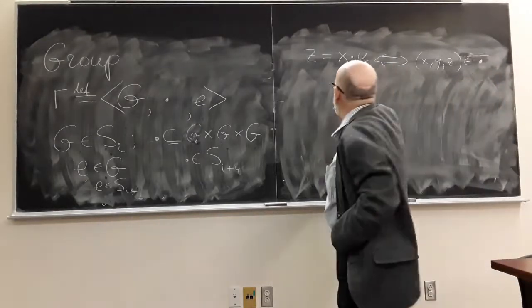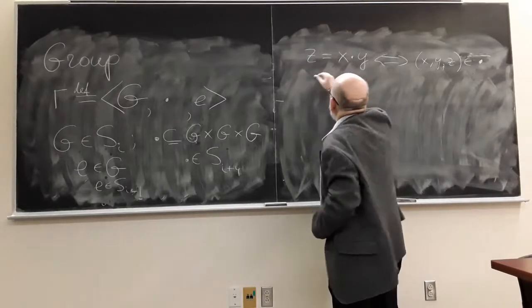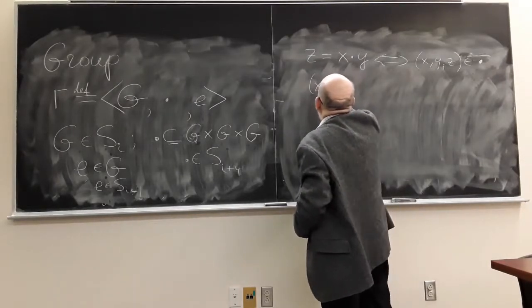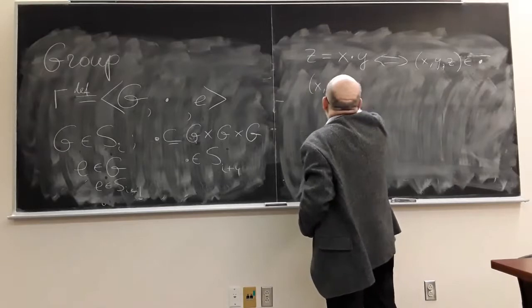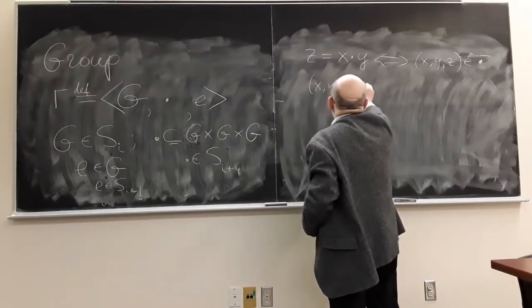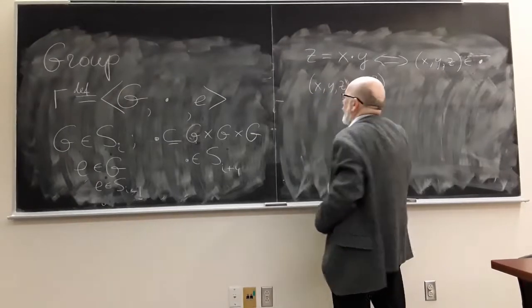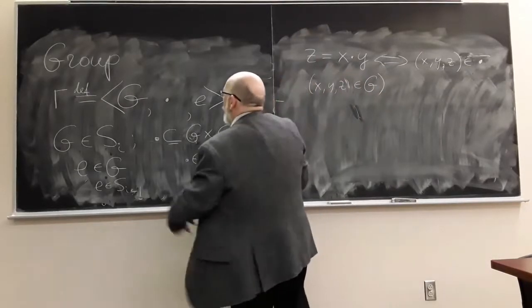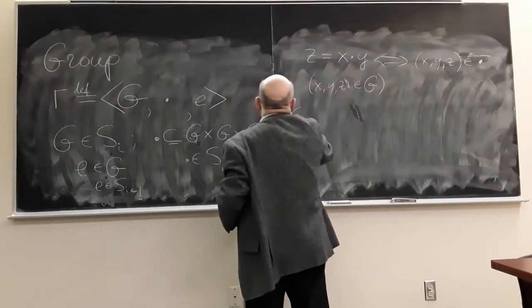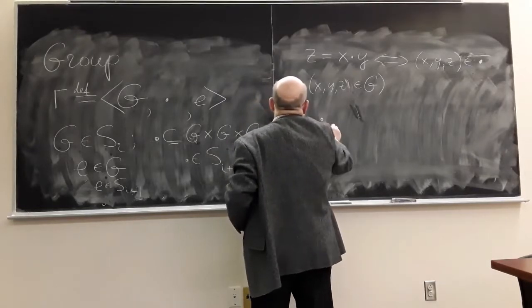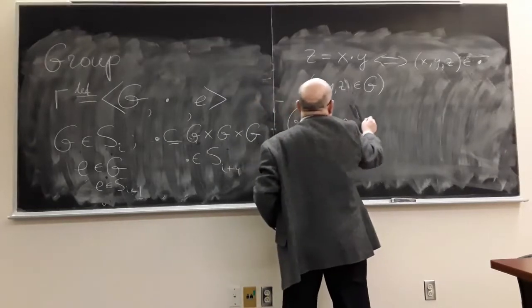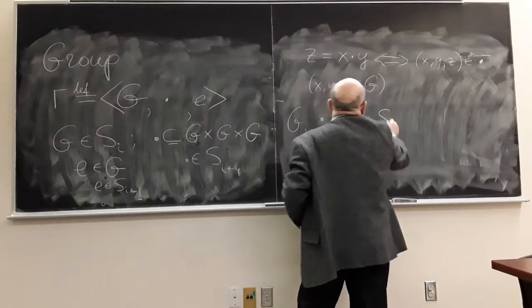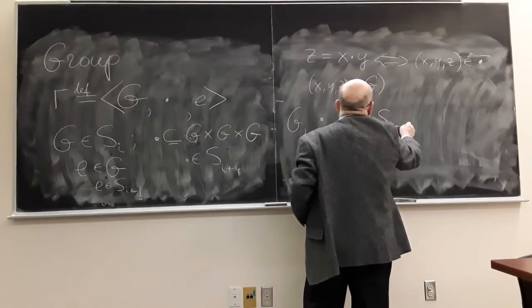Each of them belongs to G. X, y, z belong to G. So all these objects, G, dot and E, belong to S I plus 4.